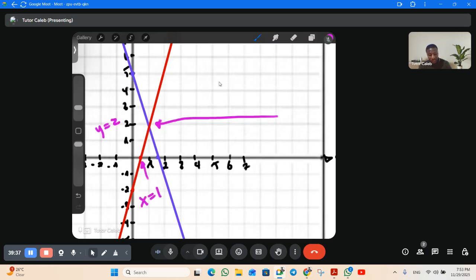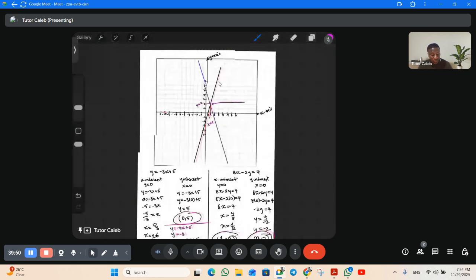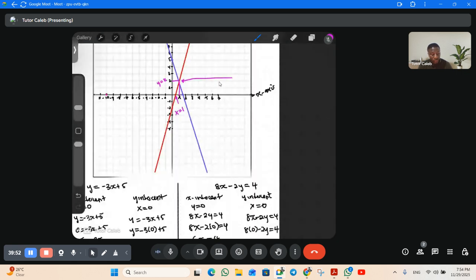You can see it if you draw a line like this and you link it like this. So the solution of the system of equation is x equals 1 and y equals 2. That's the solution of this question.